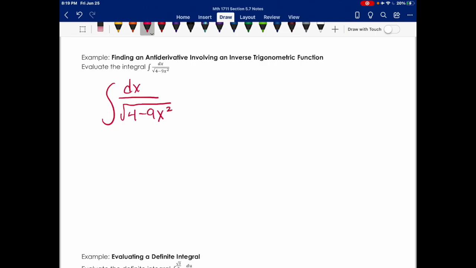Okay, we have another example of finding antiderivatives involving inverse trig functions. We have the integral of dx over the square root of 4 minus 9x squared. So we need to look at our formulas and find the closest form that we can to this so that we can identify which of those formulas we need to use. Again, it looks like we're going to use the formula du over the square root of a squared minus u squared is equal to inverse sine of u over the absolute value of a plus c.